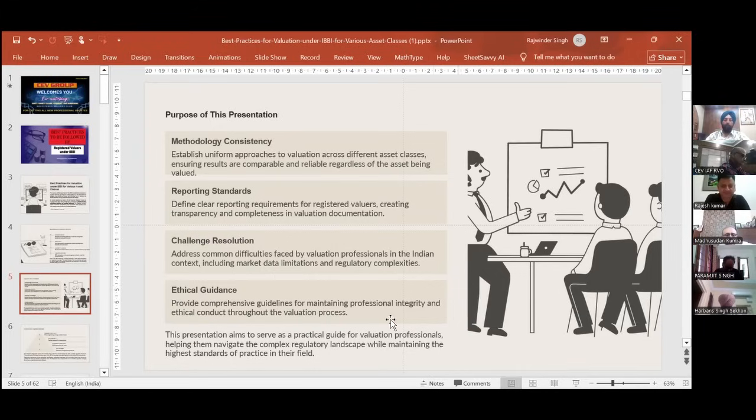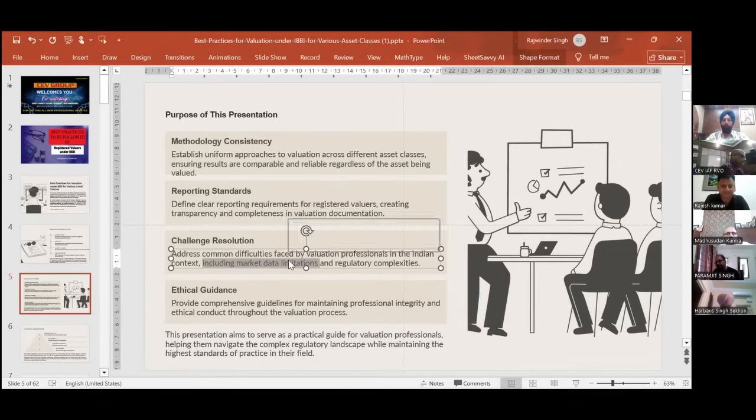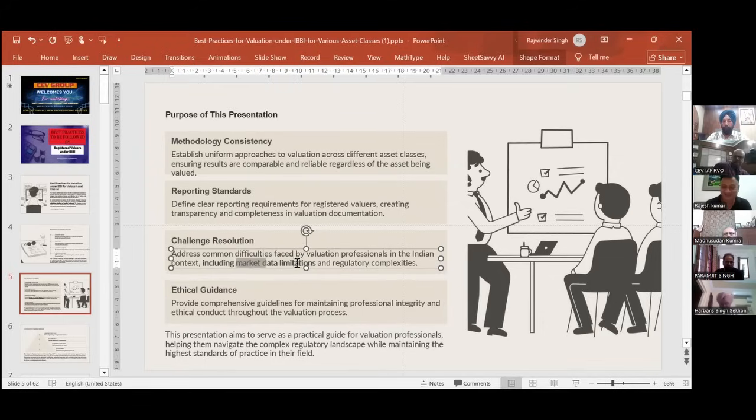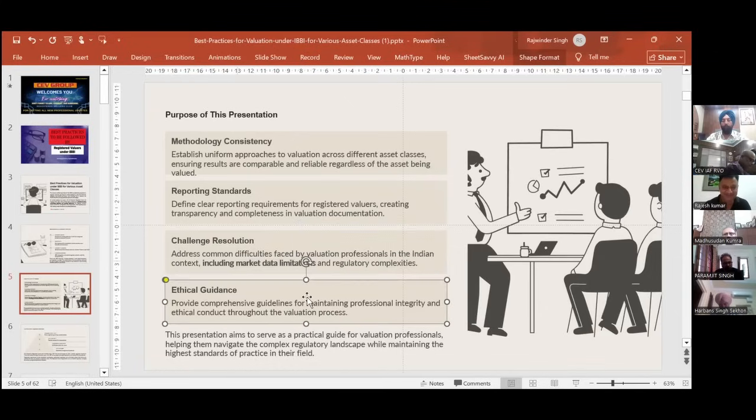Then we have to address the common difficulties faced by valuation professionals in the Indian context, including market data limitation. This is the most difficult part as far as Indian valuation is concerned, the availability of appropriate data for valuation.